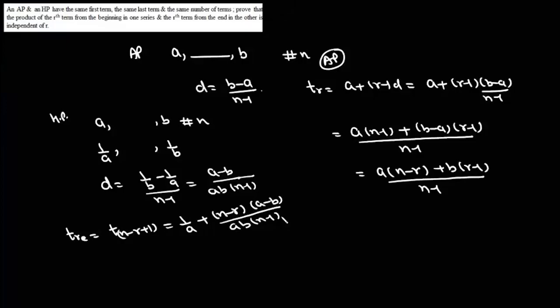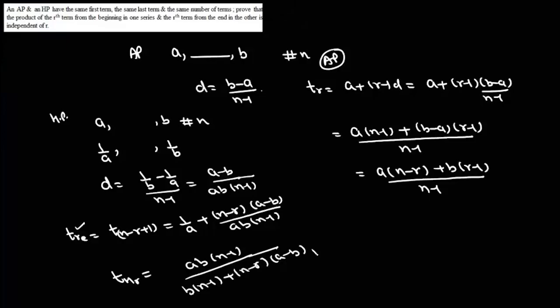Now since this is the corresponding term of an AP, the term of the HP, which is the rth term from the end, will be the reciprocal of this, and it will be ab(n minus 1) upon [b(n minus 1) plus (n minus r)(a minus b)].